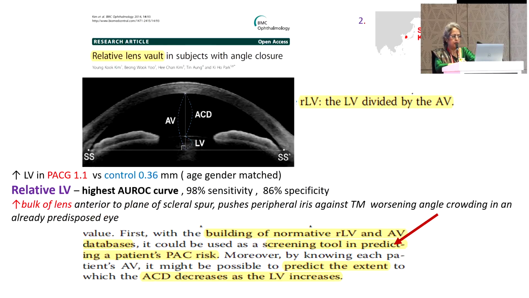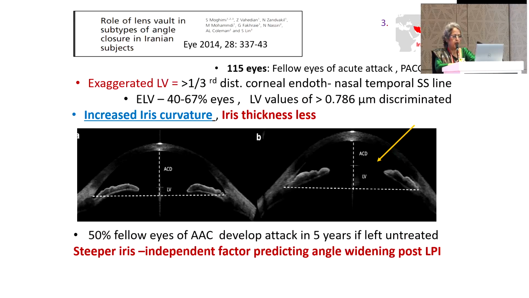A group from South Korea on Asian eyes talked about the relative lens vault, which had the highest area under the ROC curve. So they recommend that building up of a normative database as a screening tool in predicting the potential risk of angle closure is important.